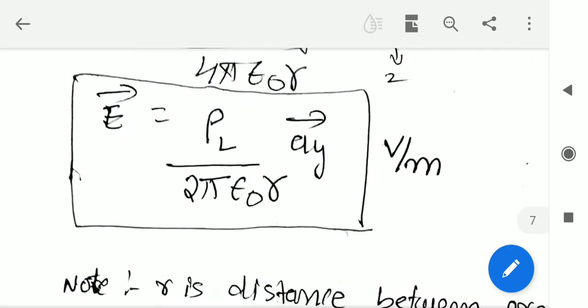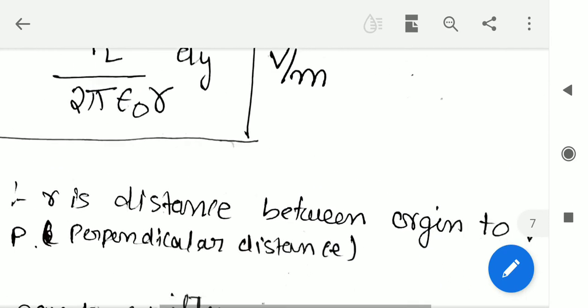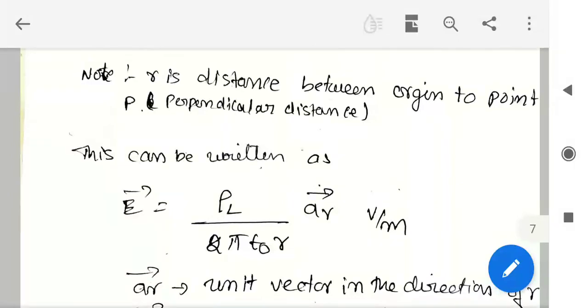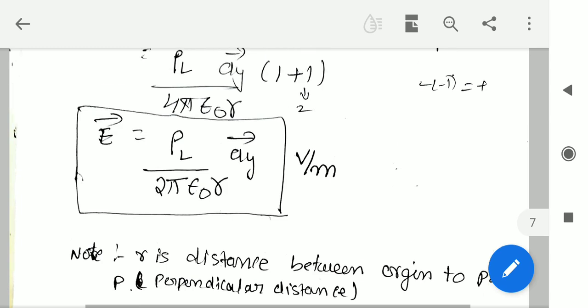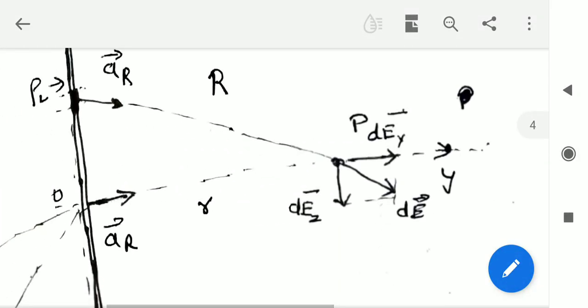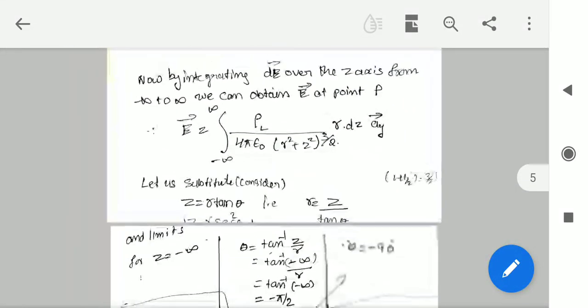E is rho L divided by 2 pi epsilon naught into R AY. Here this R is the distance between the origin and P, the perpendicular distance between the point and the line. This AY is going in the direction of R, so instead of AY we will write AR.